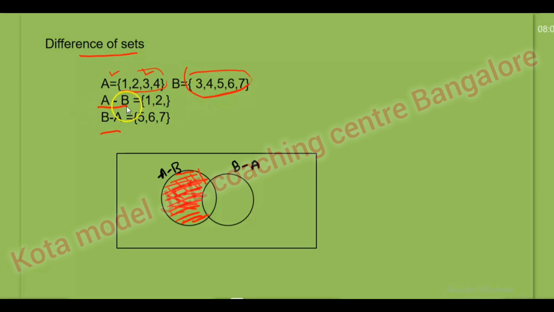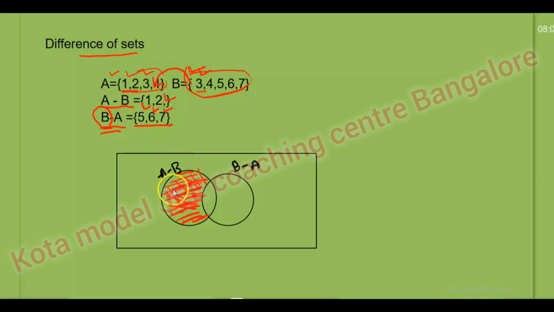A minus B is the set of elements of A but not of B. That means 1 and 2 are present in A, but not present in set B. That is called A minus B. And B minus A is the elements present in set B but not in A. Those elements are 5, 6, and 7.